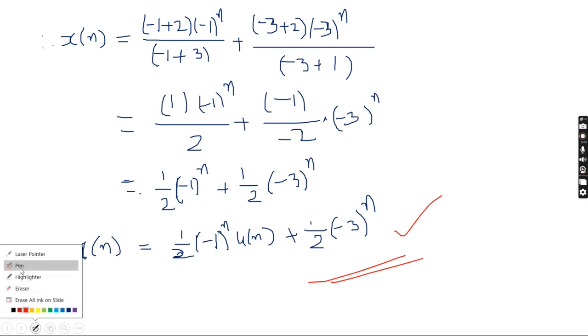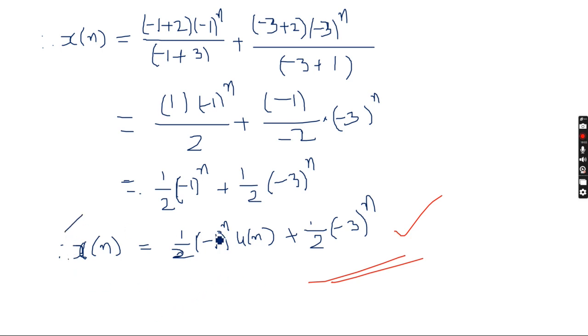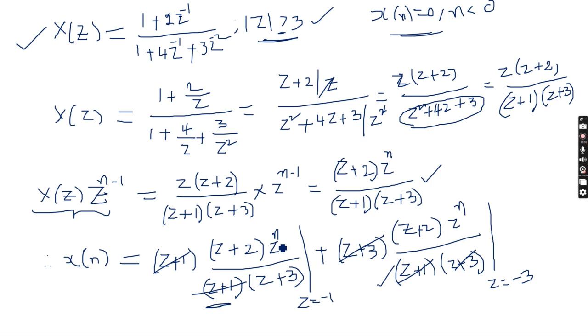So in this way you have to find out the x of n from the given x of z. First you have to write down the x of z as it is from the question and express x of z in terms of positive powers of z.